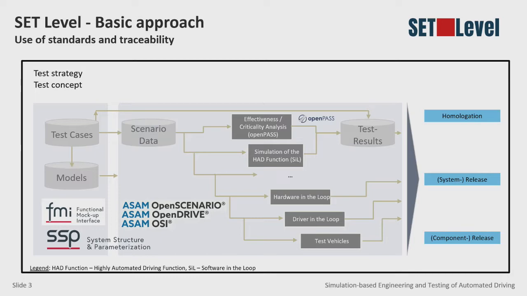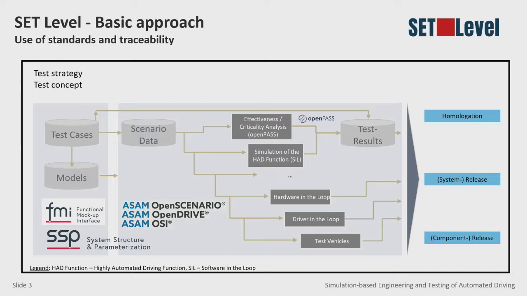The simulation-based ones like criticality and effectiveness analysis, for example, based on the OpenPass implementation, simulation-based MIL, SIL, or other simulations for automated driving functions, but also for components like sensors, HIL-based testing, hardware-in-the-loop-based testing, and also driver in the loop, or testing test vehicles on a proving ground or even on public roads.